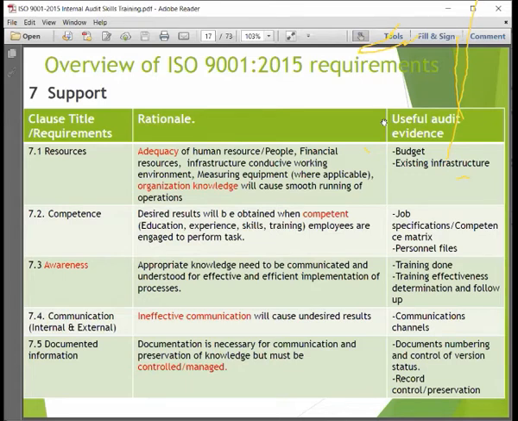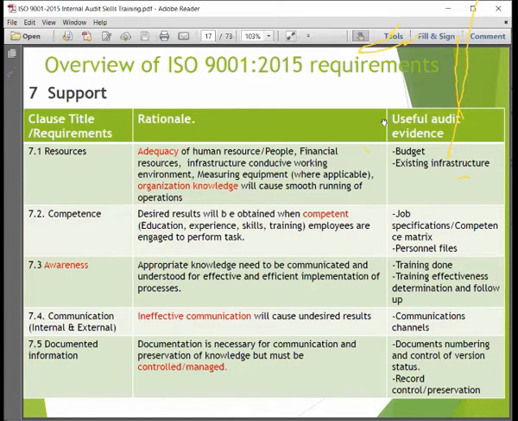Useful audit evidence is job specifications. Are they being provided for the underwriting manager? What are the job descriptions for business development, for all of these? And what is a competence matrix? A competence matrix is where we explain the minimum educational level, minimum experience, minimum skills and training.